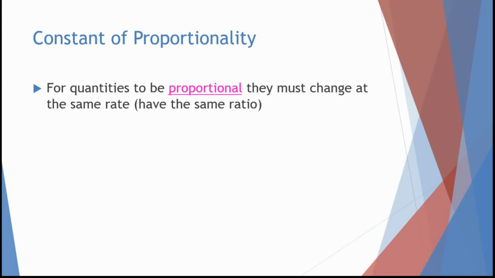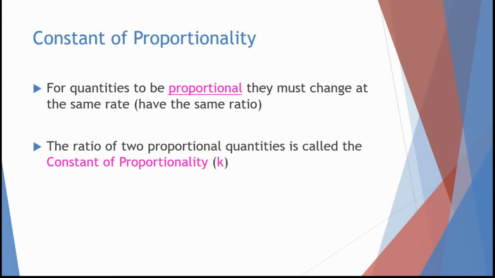So if I'm comparing them, they would have the same ratio throughout the entire thing to be proportional. Now, if two quantities are proportional, then the common ratio that they share is known as the constant of proportionality. So that just means that it is constantly changing at the same rate.